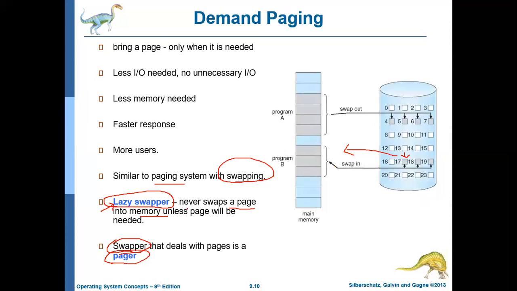Because of that, this technique can be called a lazy swapper. But again, the term swapping is misleading because generally swapping is associated with swapping the entire process. So instead of using the term swapper, we use the term pager. This is a brief introduction to demand paging.